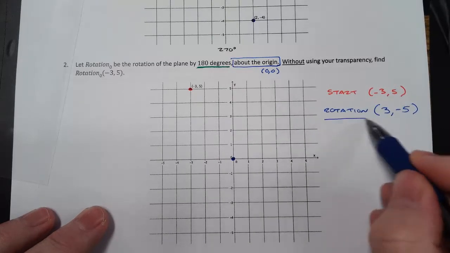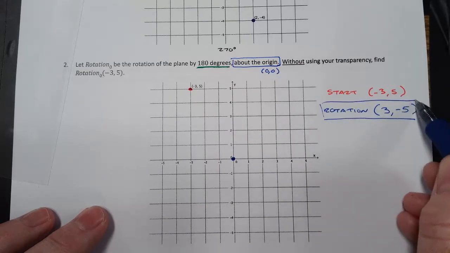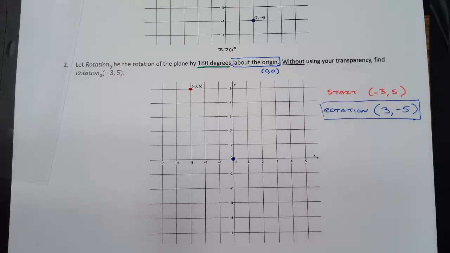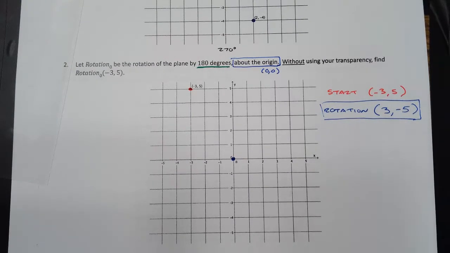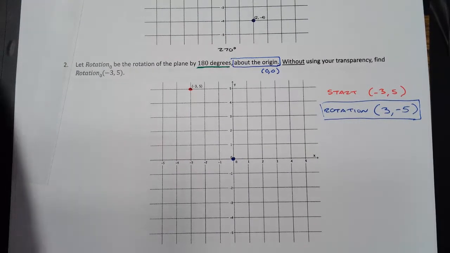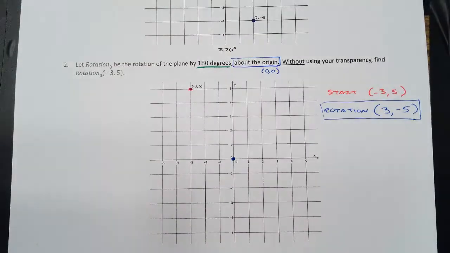So this is my prediction about where the new point is going to be after the rotation. Without using a transparency, I'm pretty confident. But let's try it with the transparency just to confirm that my prediction is correct and that my rule works.